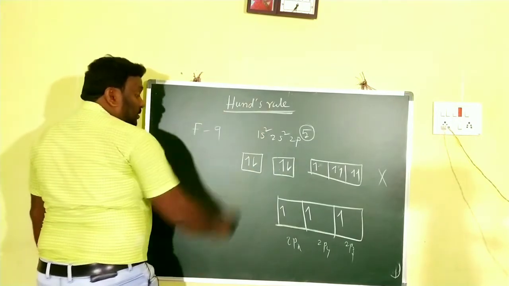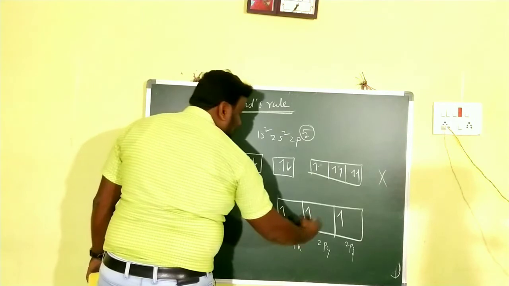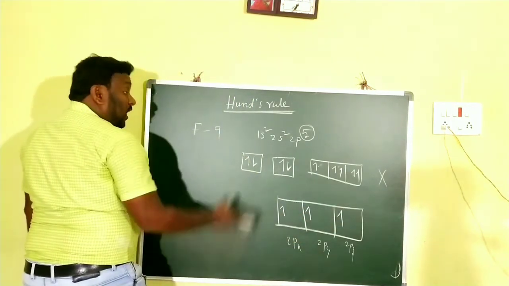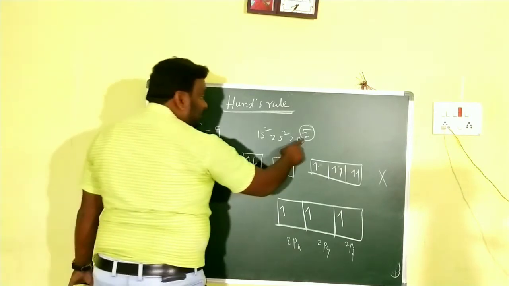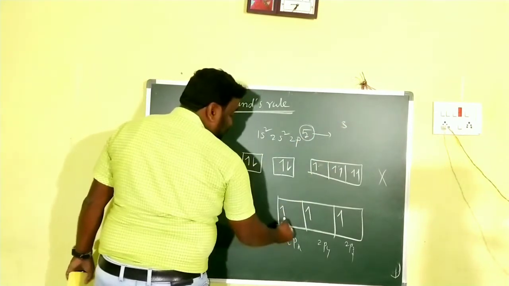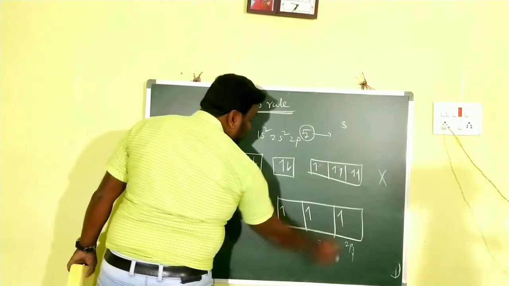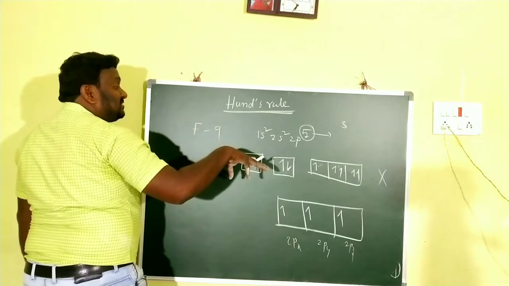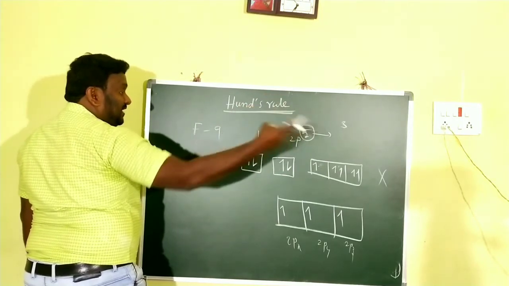According to Hund's rule, every degenerate orbital must be filled with 1 electron each. There are 5 electrons, so 3 are distributed: 2px1, 2py1, 2pz1. How many are left? 2 remaining.